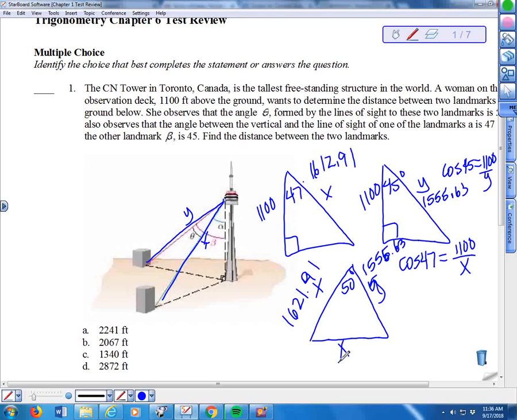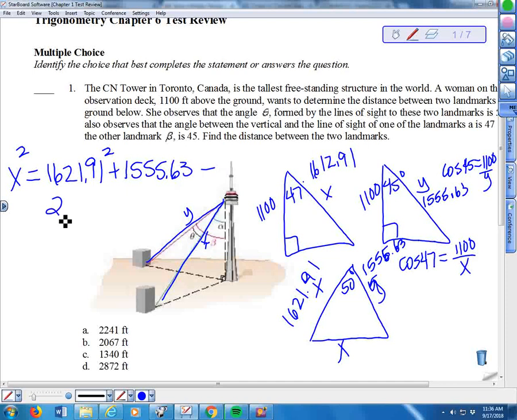So I'm going to use law of cosines. It's up here in the purple. And that goes, the side I'm looking for, squared, is equal to one side squared plus the other side squared minus 2 times one side times the other, cosine 50. I just plugged it right into the formula.